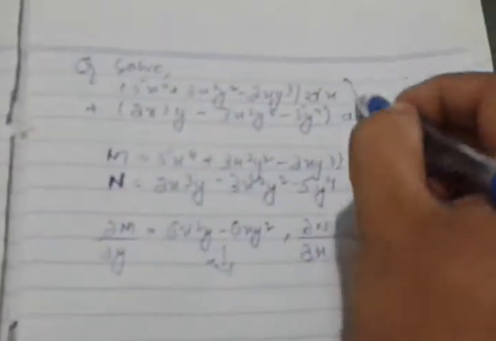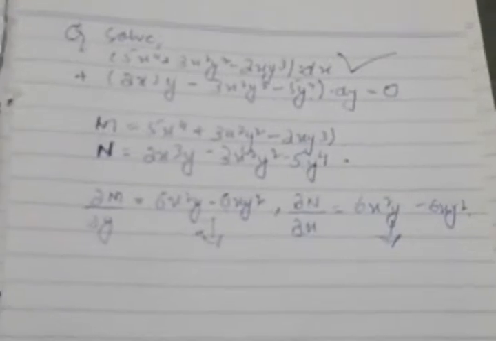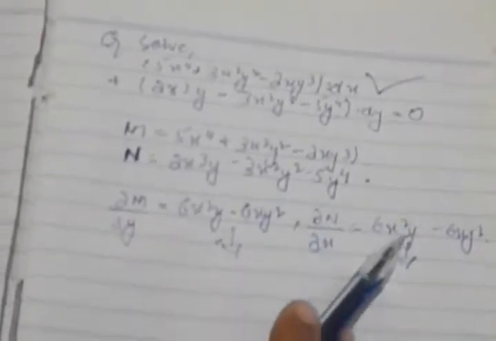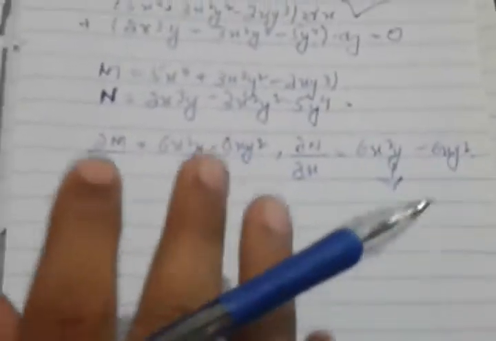So it implies that we can solve this question by the exact method very easily, because we have satisfied the condition that is to be fulfilled if you have to solve the differential equation by the exact method.